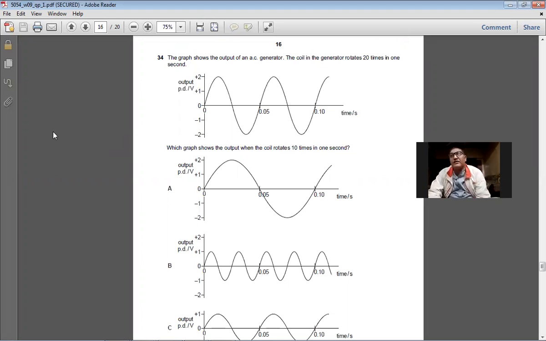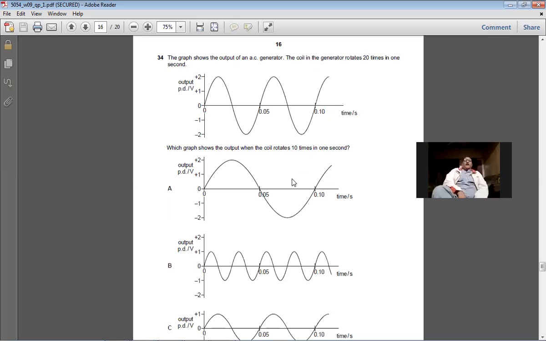So the time period, you can see here, to complete one wave took 0.05 seconds. So it says, which graph shows the output when the coil rotates 10 times in 1 second?